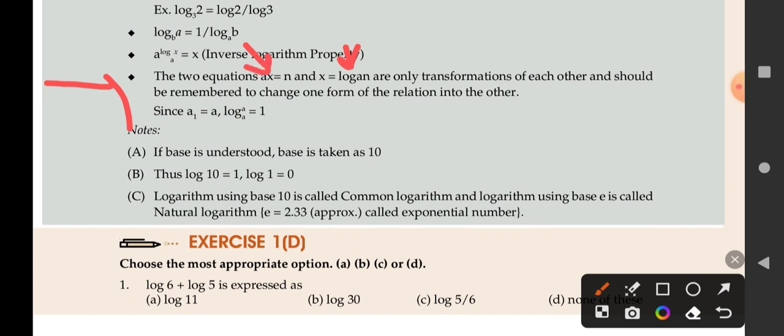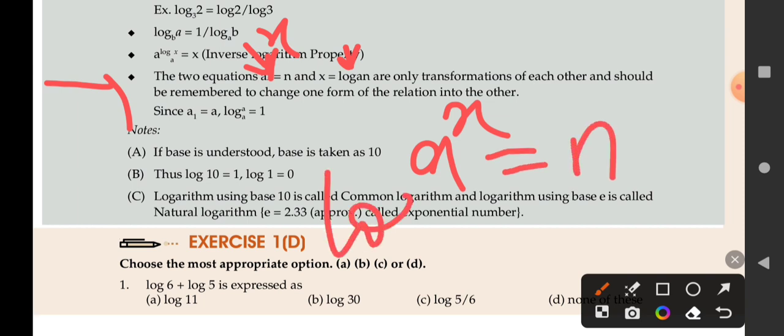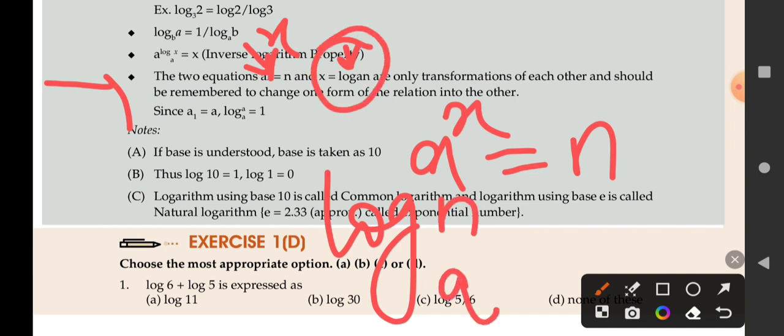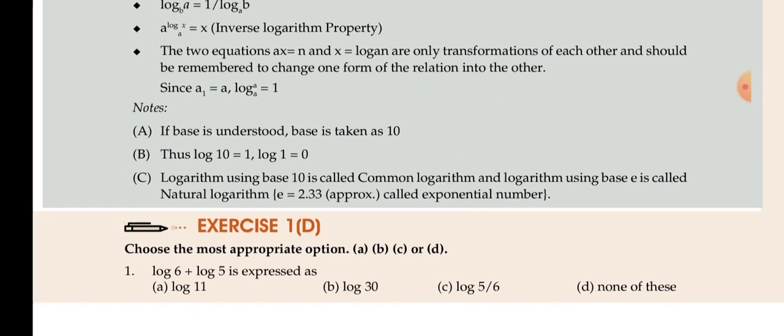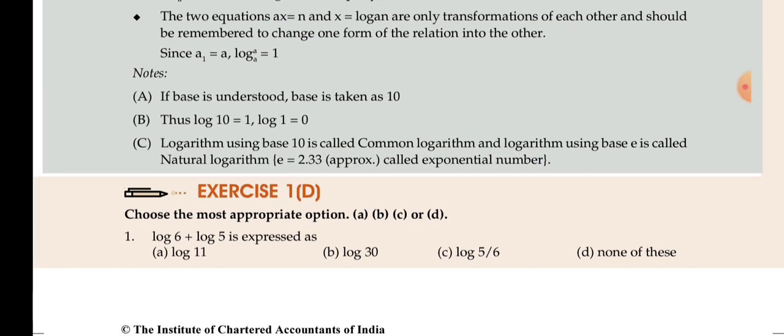Here a^x is not a into x, it is a power x, okay? A power x is equals to n, so log of n to the base a is equals to x. They are transformations of each other and should be remembered to change one form of the relation into the other, okay?